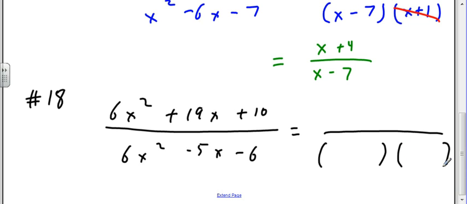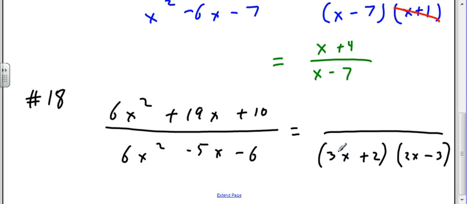Okay, so 3 times 3 is 9, and 2 times 2 is 4, and 9 minus 4 would be a 5, right? So we're going to go 3x minus 3, and we're going to go 2x plus 2.